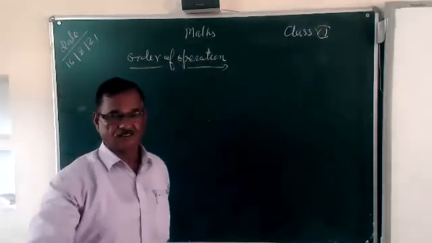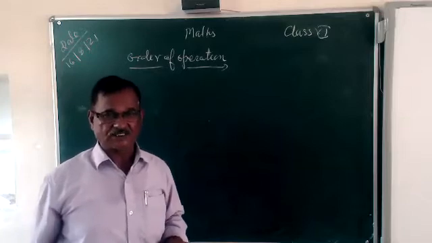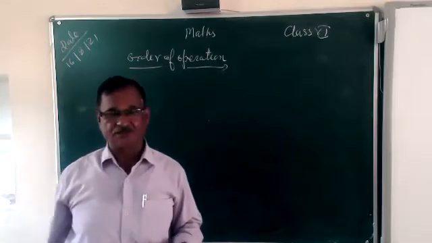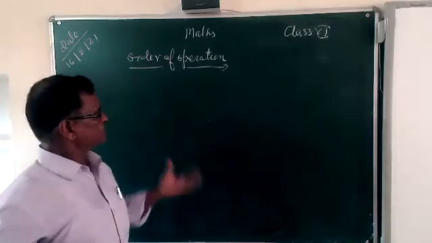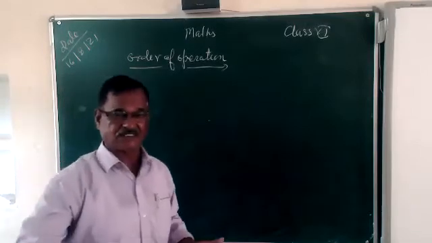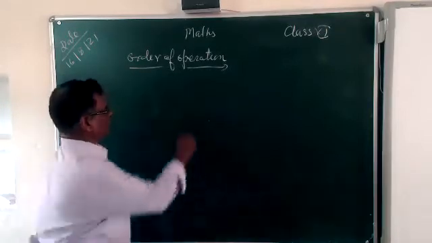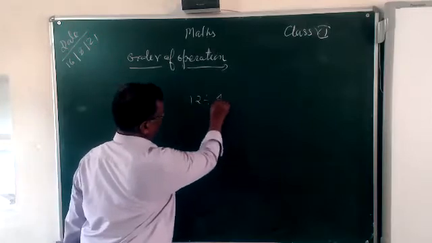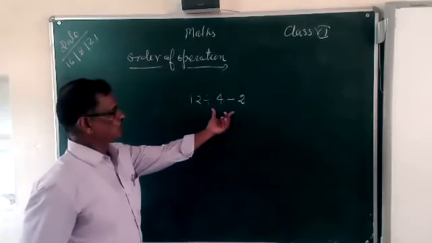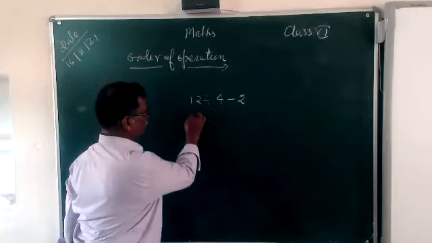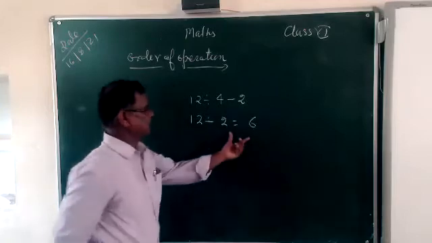If any numerical expression contains more than one operation together, then when you simplify it, you can get different answers by solving in a different order of the operations. For example, if 12 divided by 4 minus 2 is given, if you subtract 2 from 4 first, you get 2, and then divide, you get the answer 6.